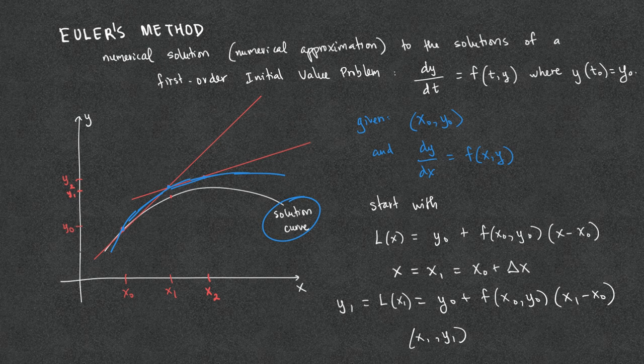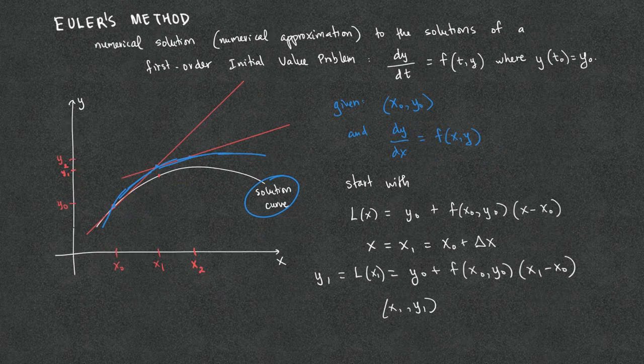And along with the differential equation, we find another equation. This time, the linear equation is y1 plus f(x1, y1) times (x minus x1), where f(x1, y1) is the slope at the point (x1, y1).